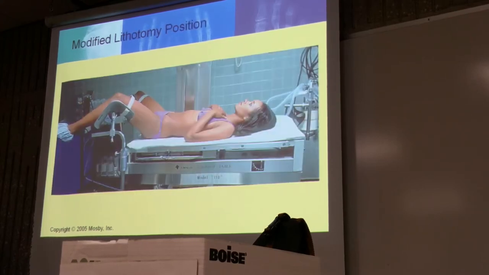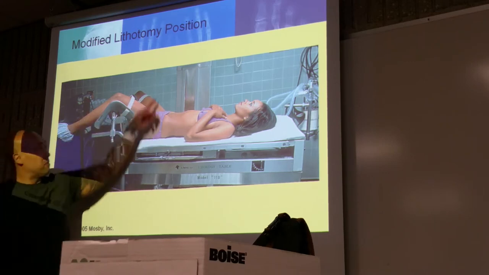All right, this is the modified lithotomy position. This is used when we are inserting a urinary catheter. So what is the true lithotomy position? Legs what? Yeah, your knees are going to be perpendicular to your hips.